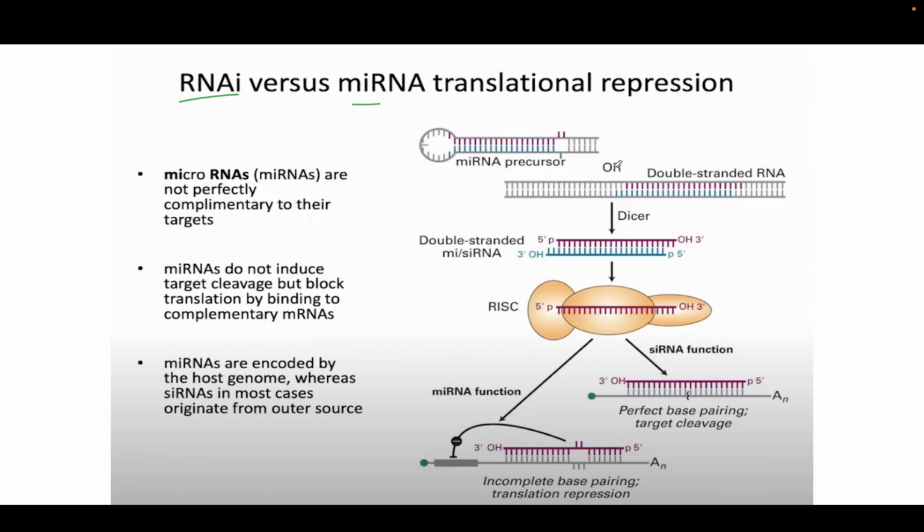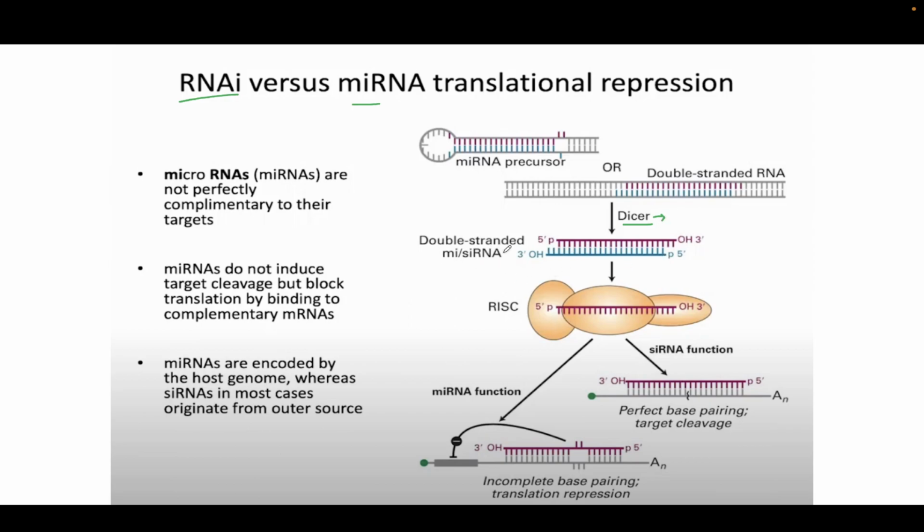One miRNA precursor or double stranded RNA is required, and this will lead to interaction with the Dicer. Dicer is an endoribonuclease and it has an evolutionary role. It is very important during developmental processes and also helps in the formation of different small non-coding RNAs. This is one enzyme.